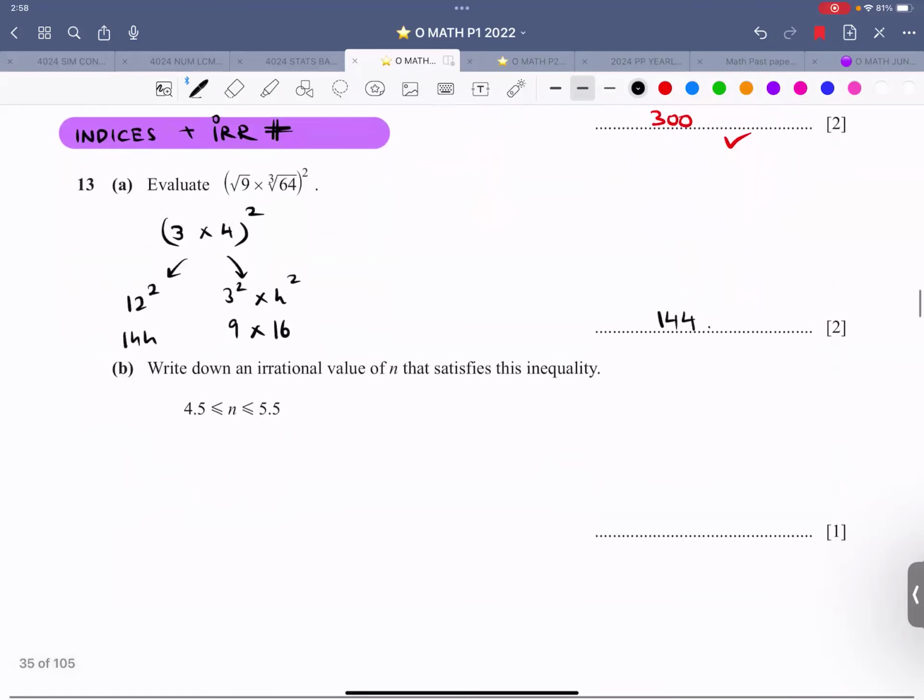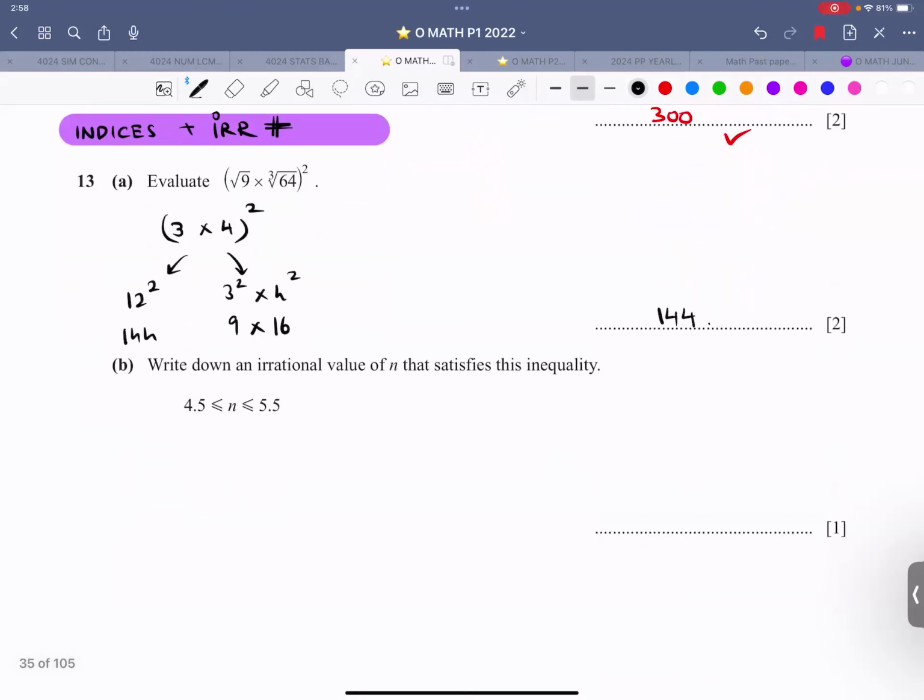Write down an irrational value of n which satisfies this inequality. So the value of n should lie between 4.5 and 5.5. Now we know that square root of 2 is 1.4142. Remember these values. Square root of 3 is 1.732. Square root of 4 is 2.